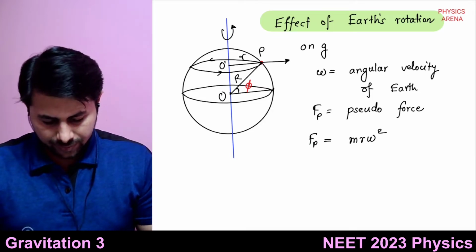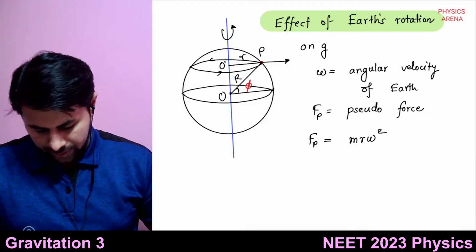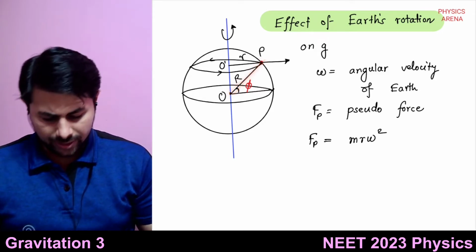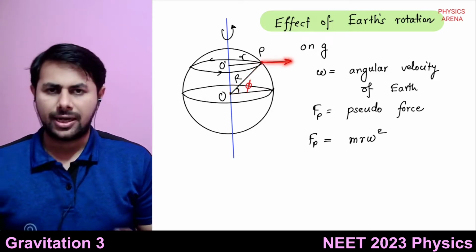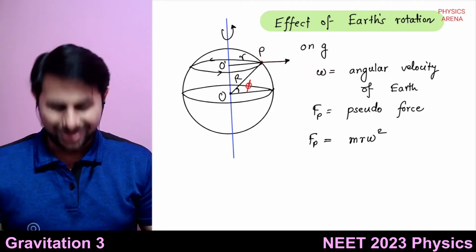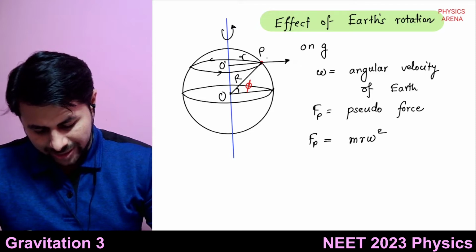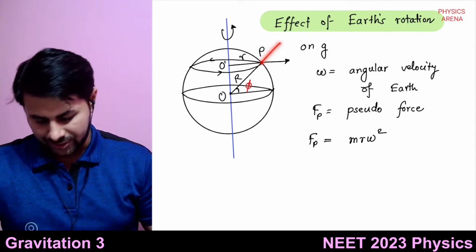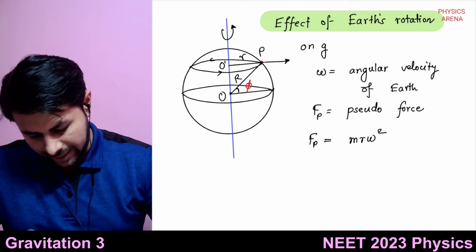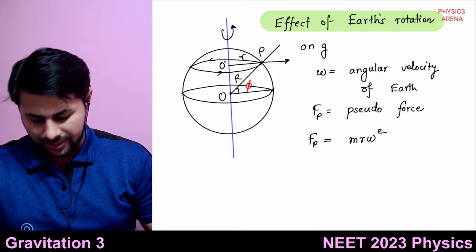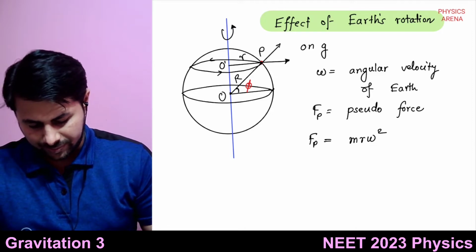Now see, the person is attracted towards the center of Earth and there is this pseudo force acting on them. There will be some component of the pseudo force which acts in this direction.